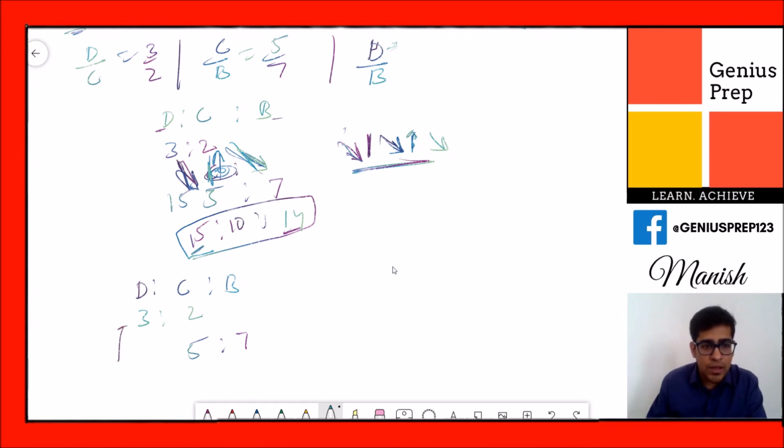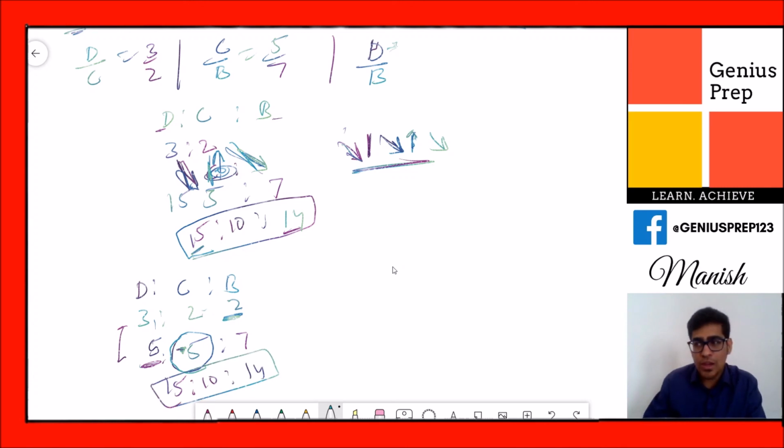Write the neighbor of that number. If we have 5, we write it here. What is the neighbor of this number? 5. So we write down 5 here. Then we write the neighbor over here, and then you simply multiply: 15 is to 10 is to 14.